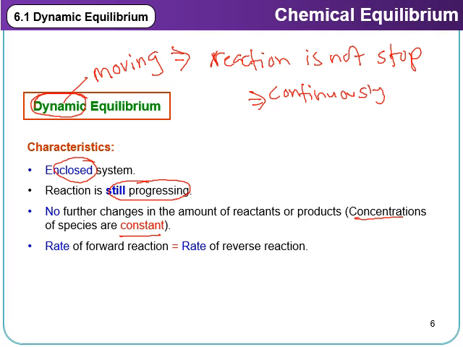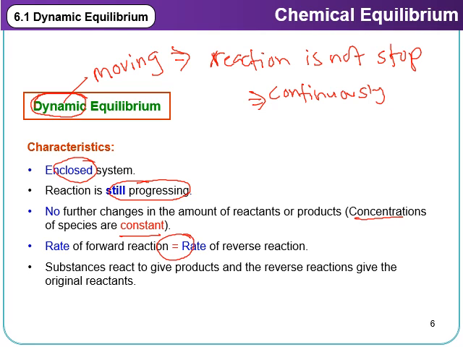The rate of the forward reaction and the rate of the reverse reaction are the same. Substances react to give products and also reverse the reaction to return to the original reactants. And last, the equilibrium could be reached in either way. It means that sometimes the reaction will go forward to achieve equilibrium, and sometimes the reaction may achieve equilibrium by the backward reaction.